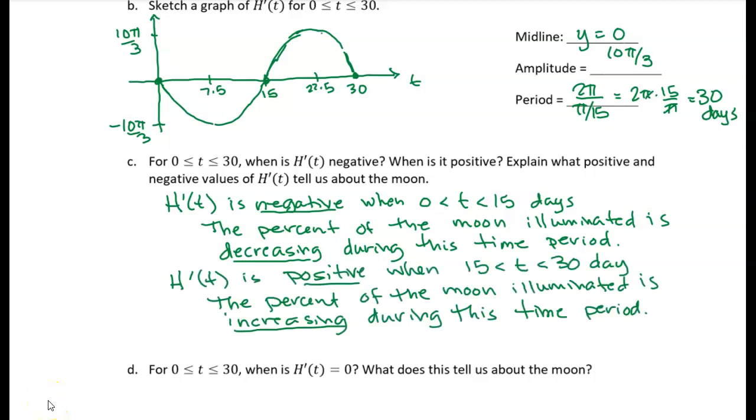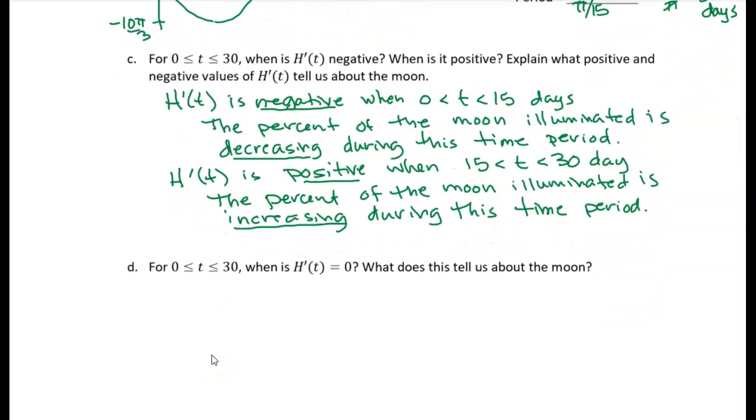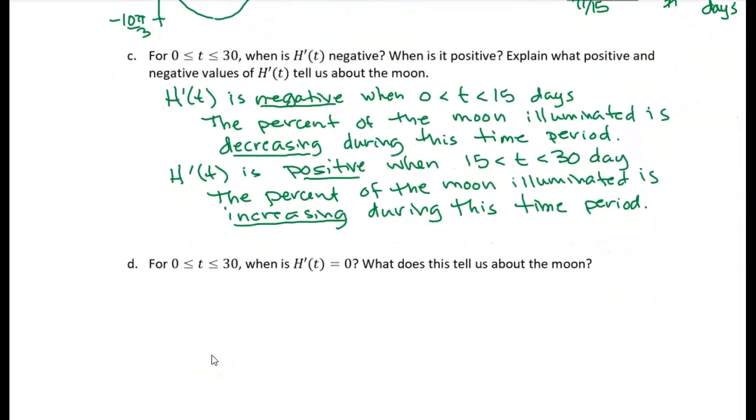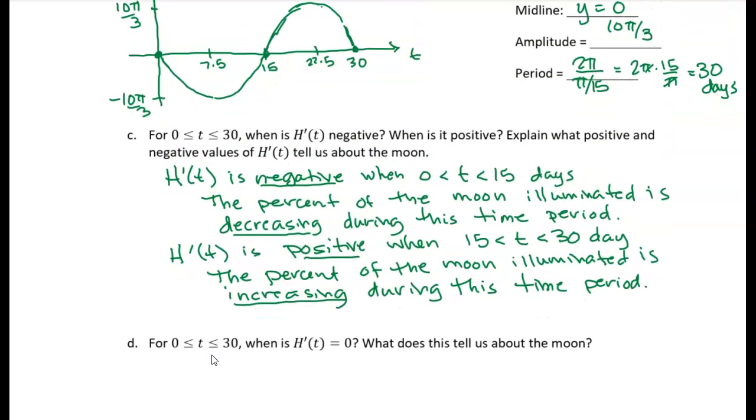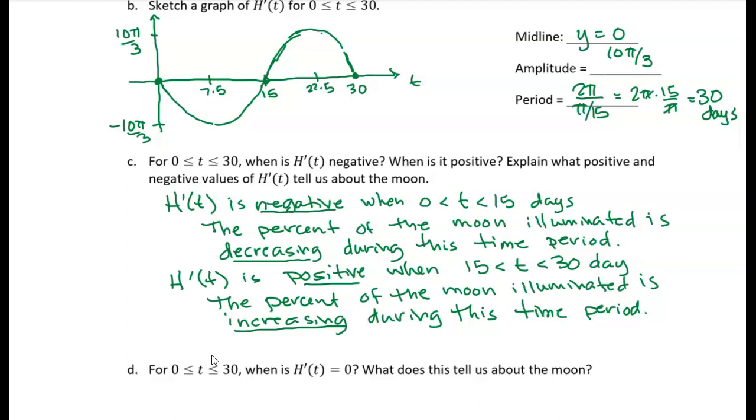All right, so let's take a look at when the derivative is 0. When is the derivative 0? Now there's a few different time periods, actually. Let me keep this on here so you can see the graph. So the derivative is 0 here, at t equals 0, it's crossing the x-axis. I'm looking for when the derivative is 0. This is the derivative. I should probably label this.